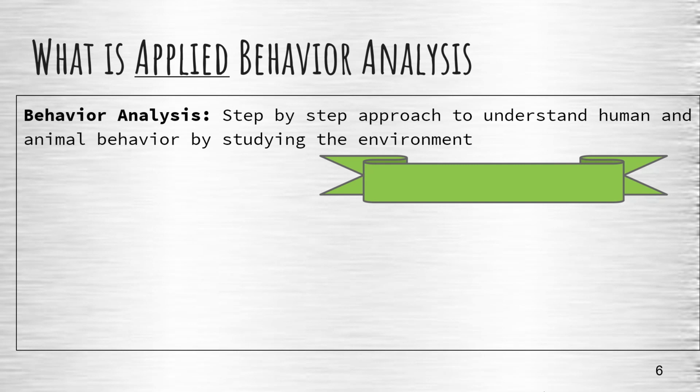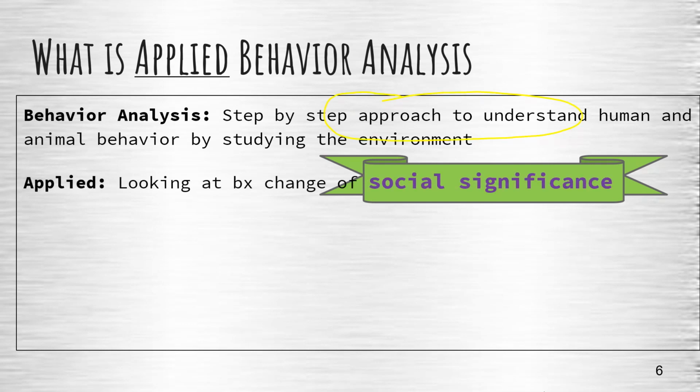Remember, behavior analysis is a step-by-step approach to understanding human and animal behavior by studying the environment. That's the part of understanding behavior. When we talk about applied, we're looking at making a big change in somebody's life, and we call that, a very important term, socially significant. We want to make a socially significant change in somebody's life.